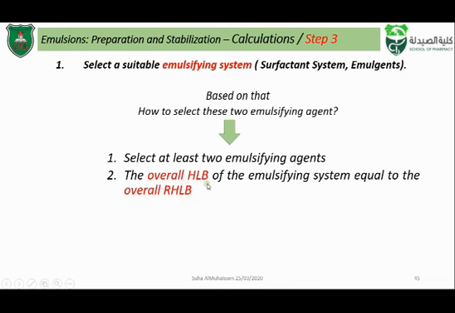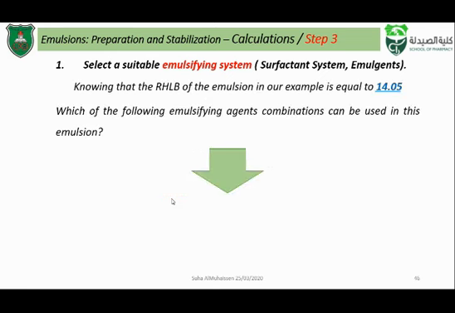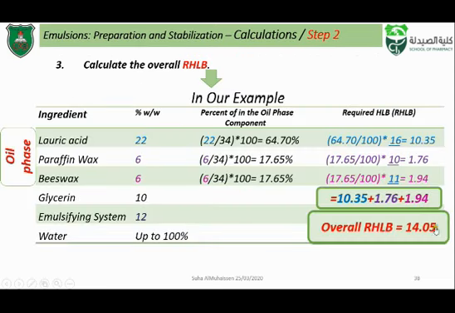The overall HLB of the emulsifying system should be equal to the overall required HLB. How to do so? Knowing that the required HLB of the emulsion in our example, as we calculated, is 14.05, as you remember here.